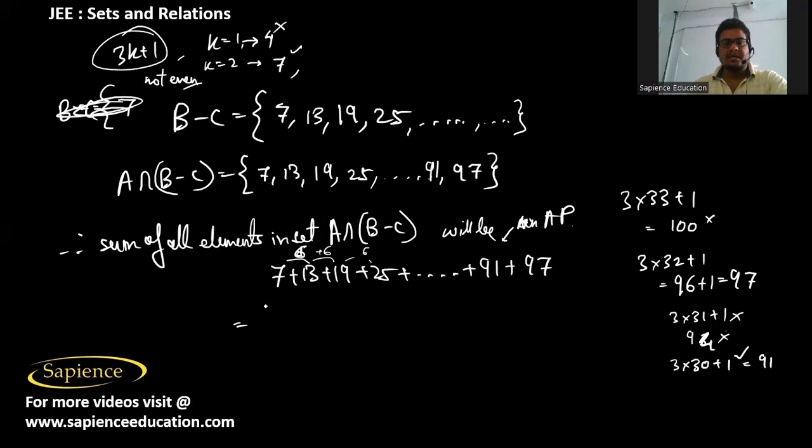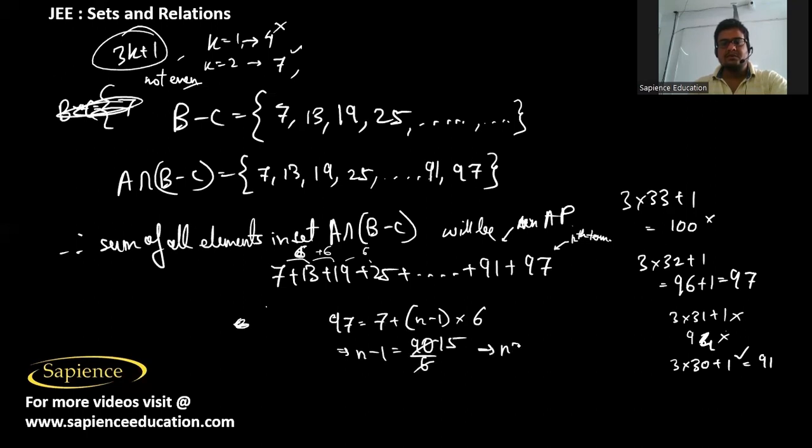How many elements do we have? Let's say it is the nth term. So 97 will be equal to a plus n minus 1 into d, n minus 1 into 6. So n minus 1 will be equal to 90 by 6, that is 15. So n will be equal to 16.